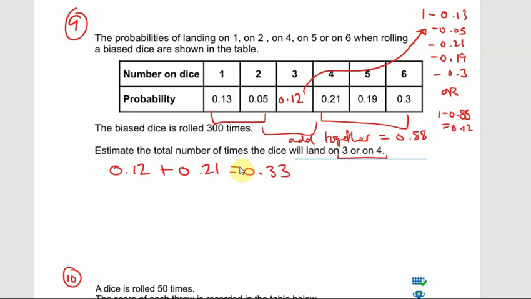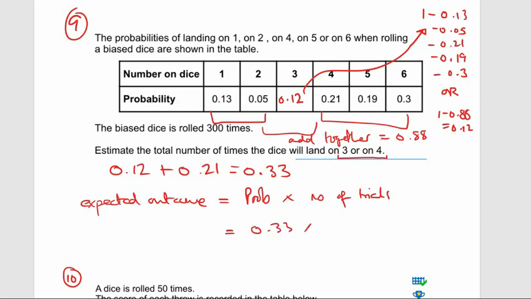And if we spin it 300 times, expected outcome is going to be 3, sorry, I'll do the way I was doing it before. So the probability times by number of trials. So that is 0.33 times by 300.